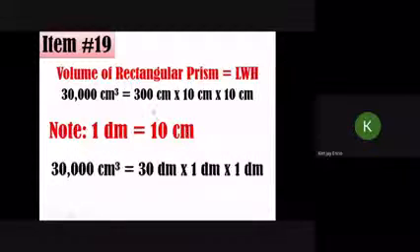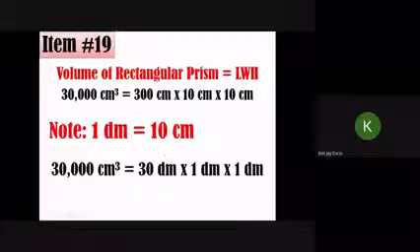So to convert cm to dm, we have to divide by 10. Why? Because you are converting a smaller unit to a larger unit, so you have to do division. But if you're converting a larger to a smaller unit, you multiply, okay? So 300 divided by 10 is 30. So 300 cm is equal to 30 dm.